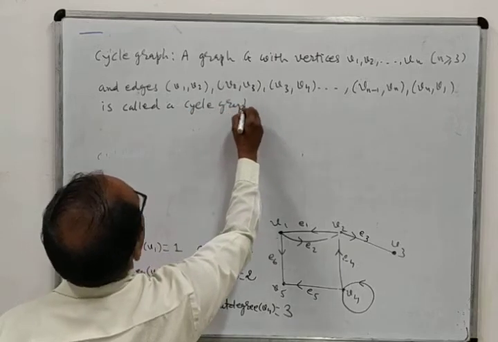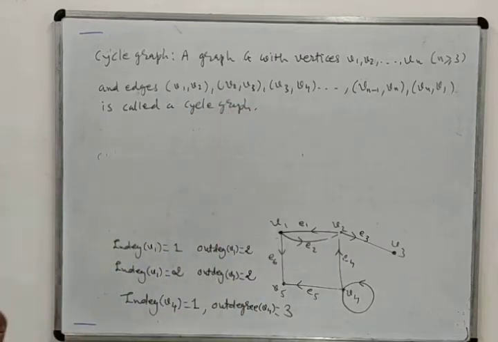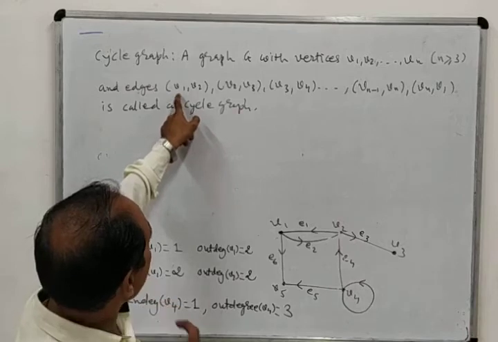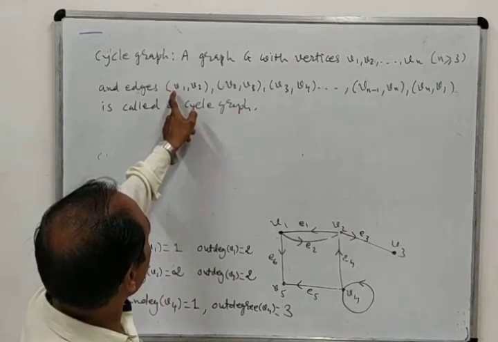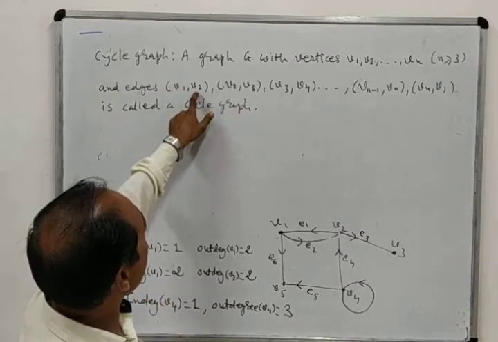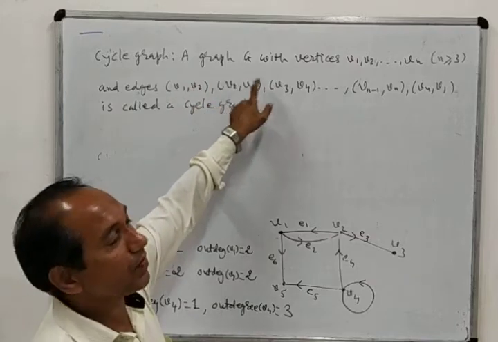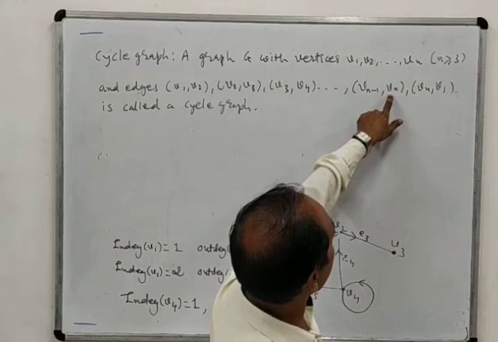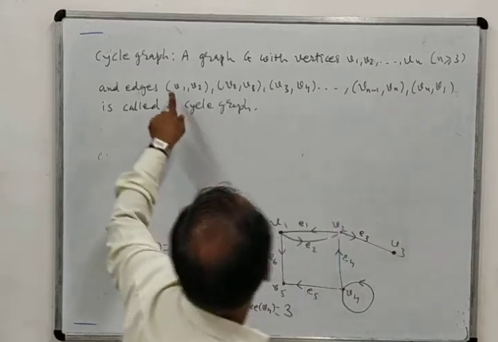Okay. So now see here n is greater than or equal to 3. Why? Because here you can see that the edges are moving in a cyclic form. That means the connection is from V1 to V2, then from V2 to V3, then from V3 to V4, and from the second last vertex to the last vertex, and the last vertex to the first vertex.